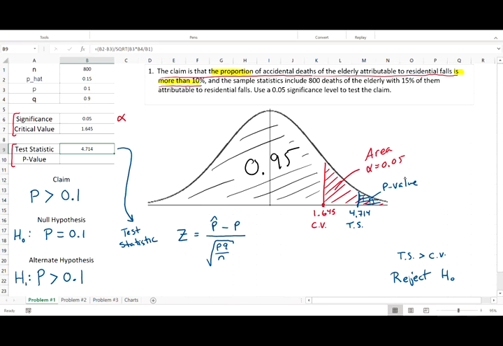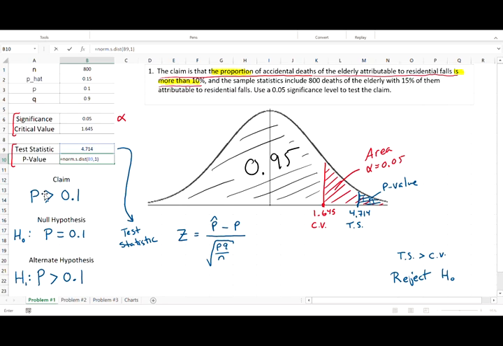Okay, and then we could use Excel again to find that area. So it's going to be equal to, now our function when we're looking for area is norm.s.dist for normal distribution. Our z-score is the test statistic, so that's this number right here. And for the second input for cumulative, we always say yes or 1.